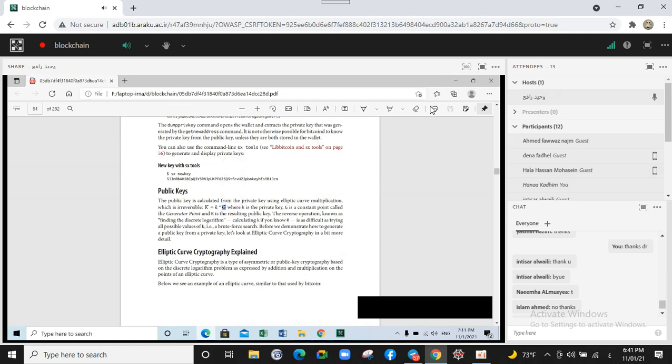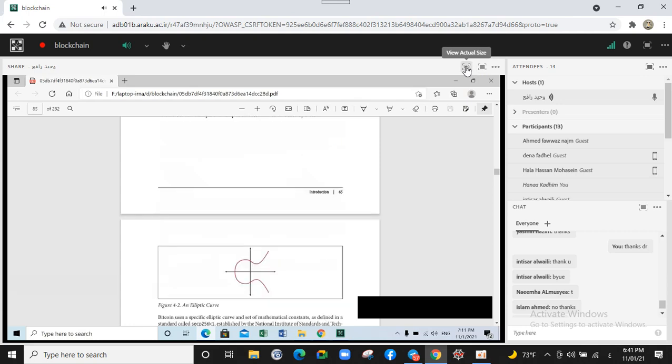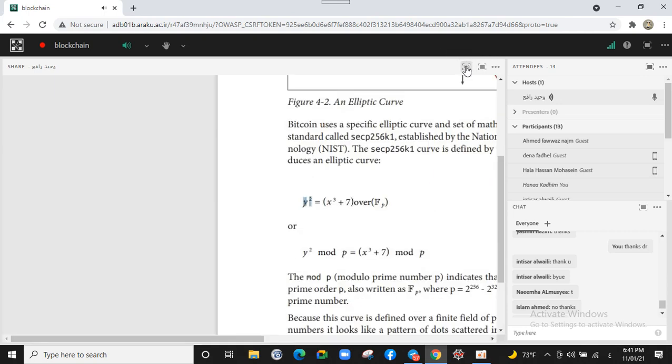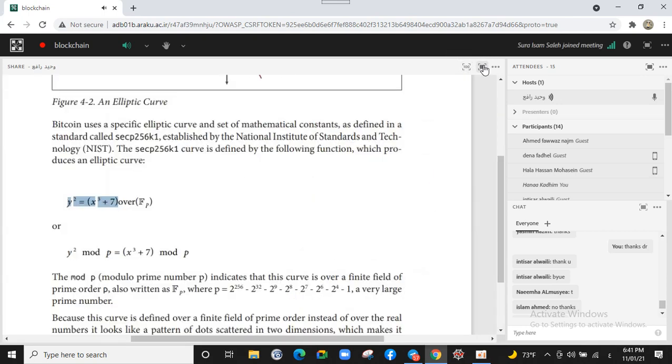G is a constant point on the curve. For Bitcoin, G is a constant point on the curve. Which curve? The curve that has this equation. Okay.